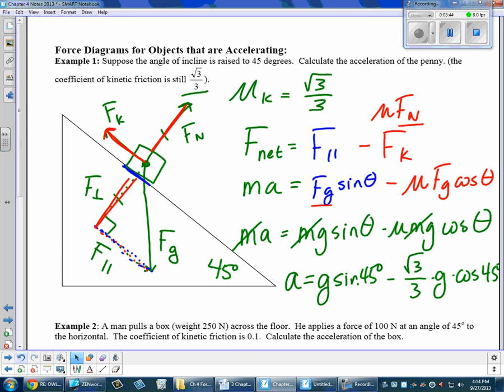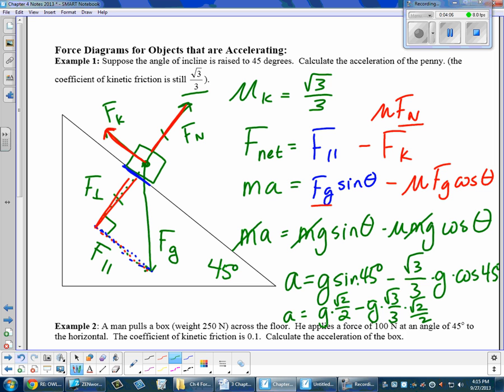The sine of 45 and the cosine of 45 are both the square root of 2 over 2. So the acceleration is going to be g times the square root of 2 over 2 minus g times the square root of 3 over 3 times the square root of 2 over 2.